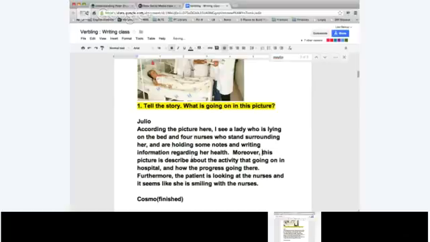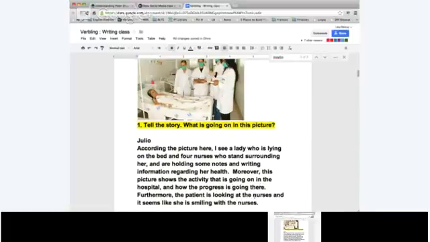Moreover, this picture shows the activity that is going on in the hospital and how the progress is going there. Furthermore, the patient is looking at the nurses and it seems like she is smiling with the nurses.